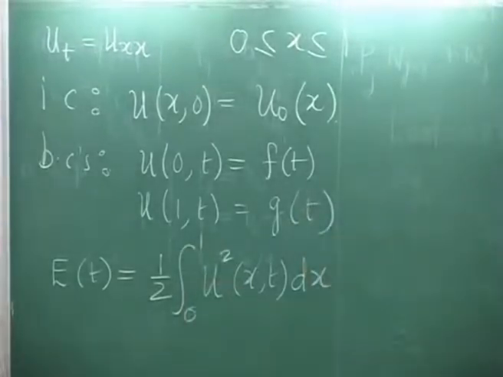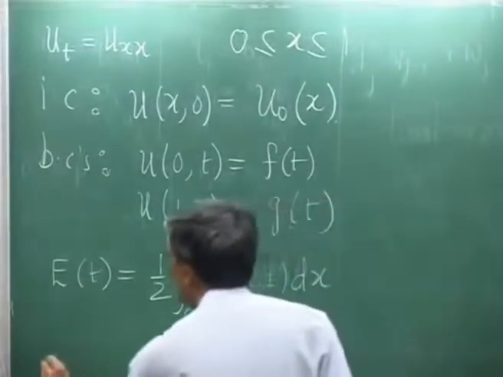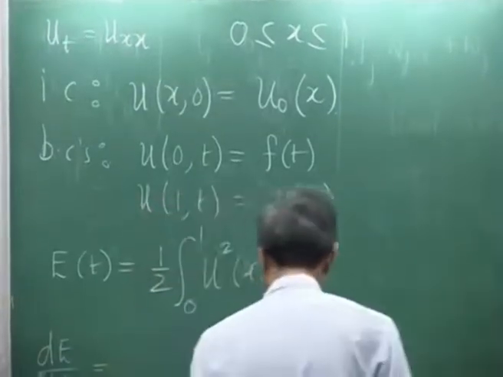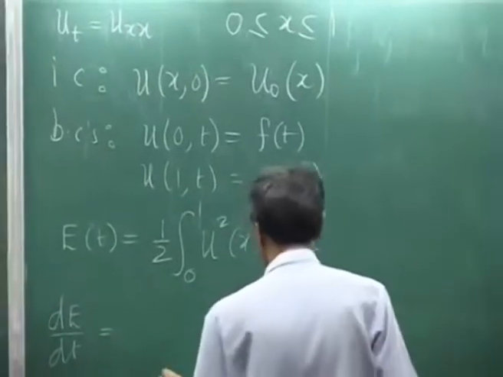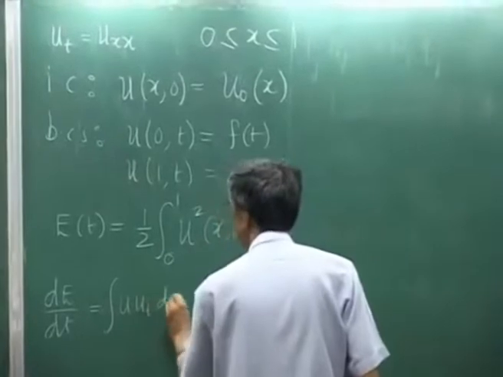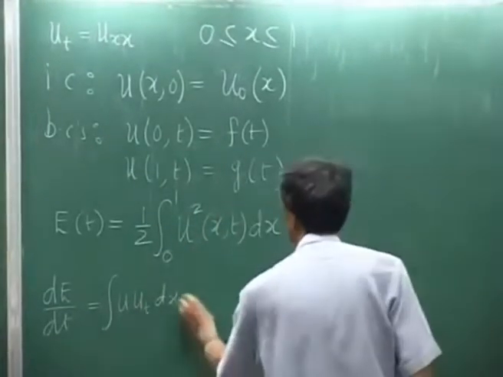And then when we looked at dE/dt, we found out that this was the integral of u ut dx, using ut equal to uxx.